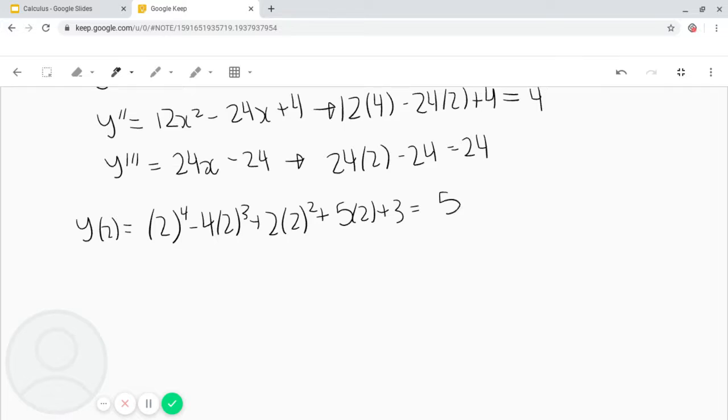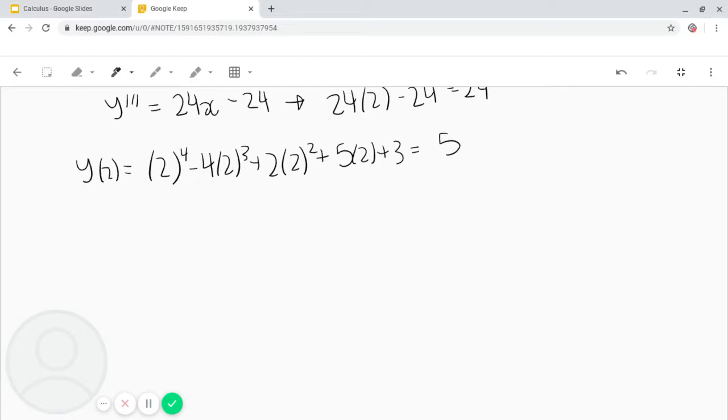So we'll put this in the formula. Once we found f of a and f prime, f double prime, f triple prime of a, then we can put it in the formula. So we have f at a, which is 5.